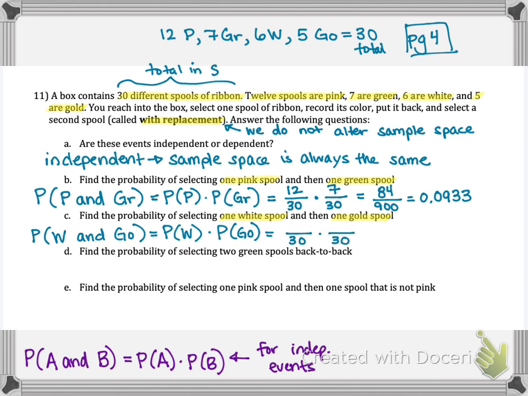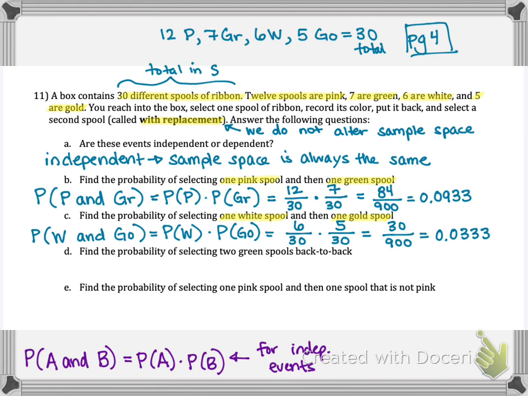And remember, we need to know how many spools were white. That's my first numerator. So I look up at the top and there were 6. And then I look at how many spools were gold. And there were 5. So together, if I find the final answer as a fraction, it's 30 over 900. Or if I put that in my calculator for the decimal version for ALEKS, that would be 0.0333.